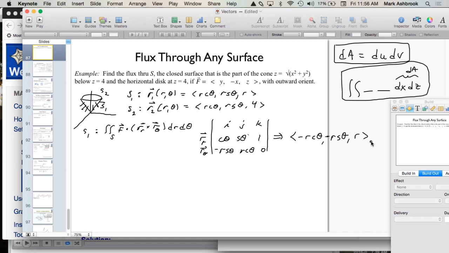Is that what we have? No, we have the z component greater than 0. So this would be inward orientation. If we were to flip these, do r theta cross r, then we'd have negative r, and that's what we want. So that's how you can tell. Look at your cross product and compare it with whatever orientation is specified in the problem. So this is inward.